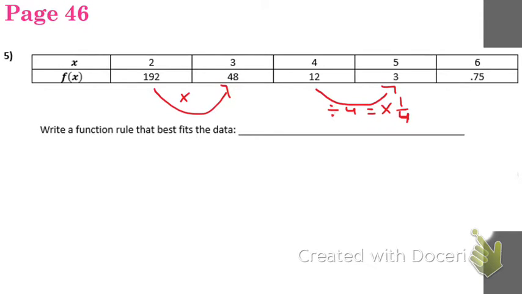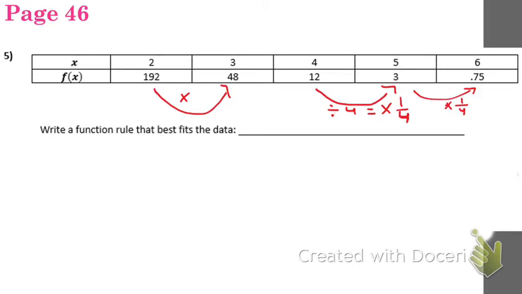So to get from 12 to 3, we multiply by 1/4. I'm usually going to use multiplying by fractions. That's definitely my preference. And we do have to think about it in terms of multiplication to do an exponential function.